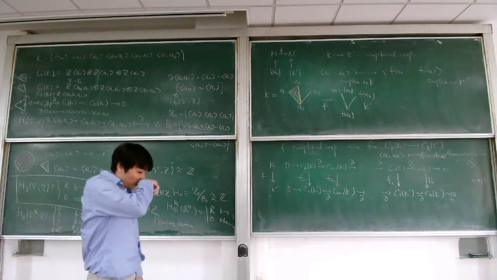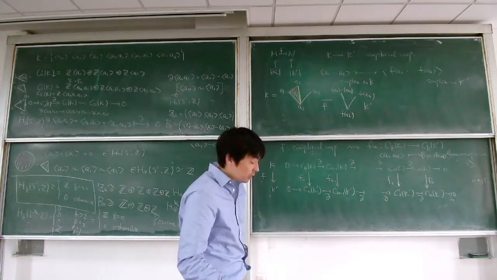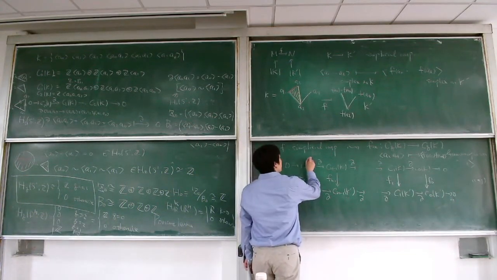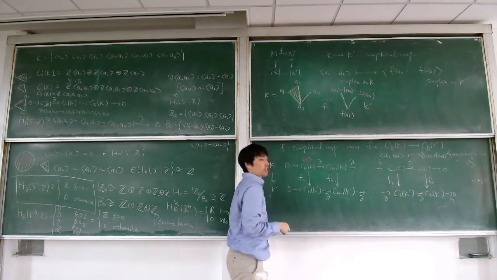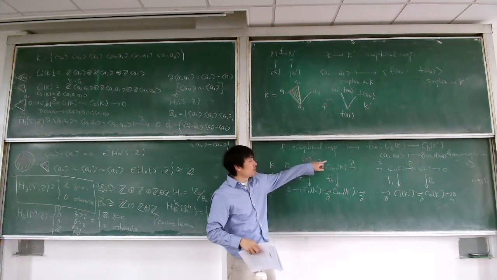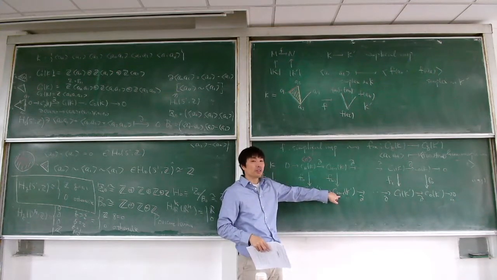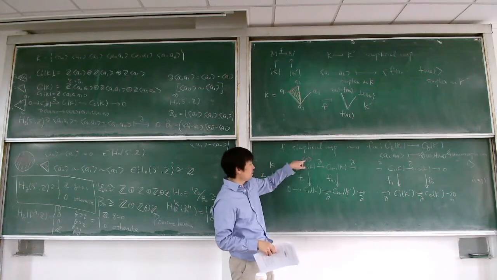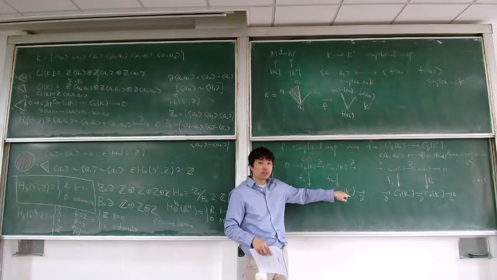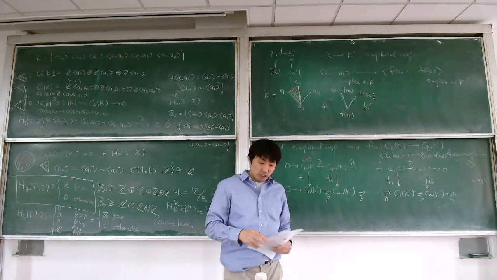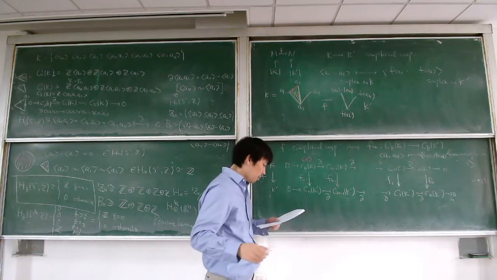Then the question is, given an element here, a simplex here, you can just apply the boundary map and then the homomorphism. But there's another route: first take the homomorphism and then take the boundary map. You can do both. And it turns out that this is compatible.